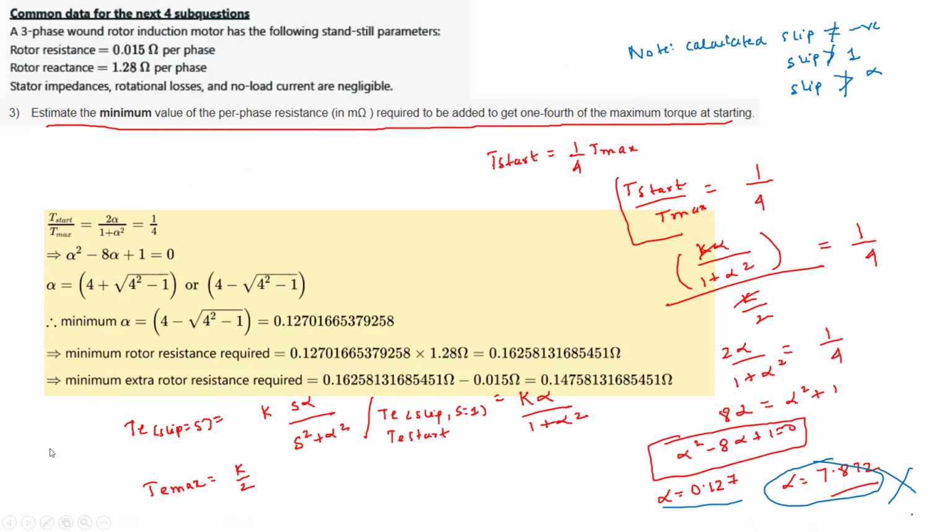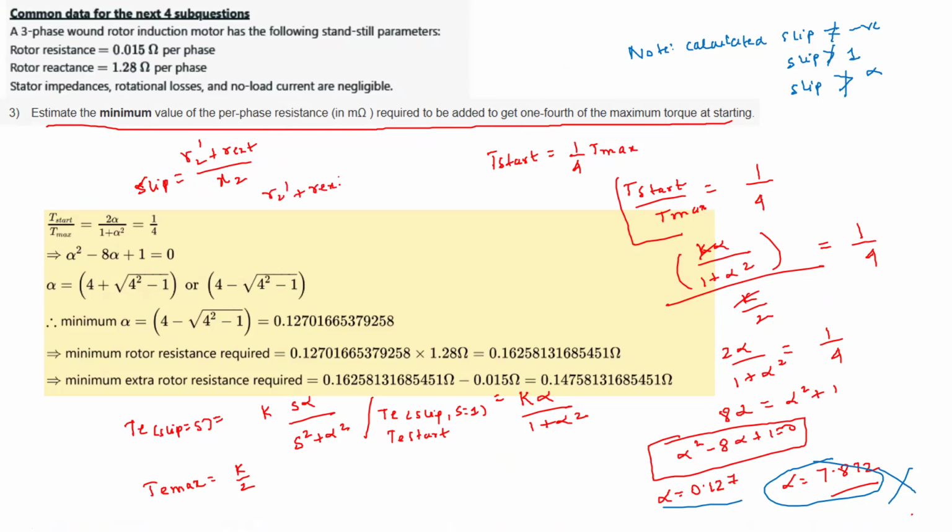Now, if you take 0.127, what is the value of the rotor resistance which is required? How can you find this? You know that R2 dash plus R external by S, which is alpha, which is the slip, equals X2, which you have calculated.